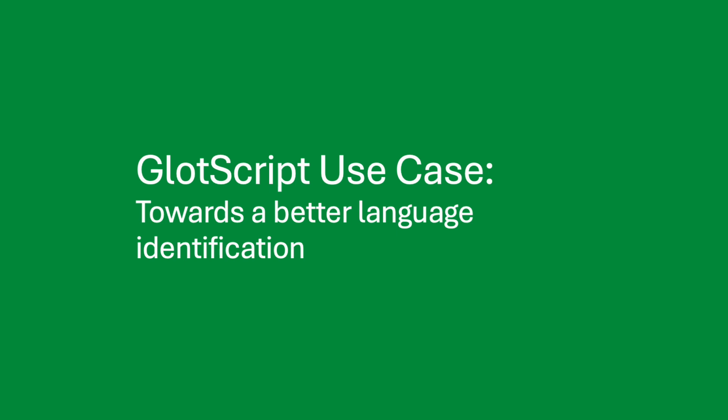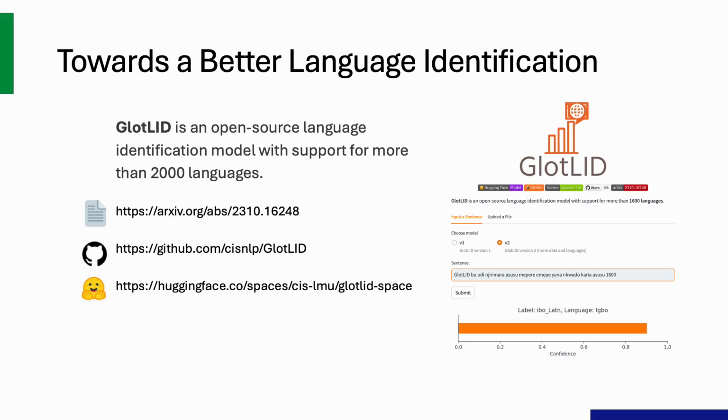Another use case of the GlotScript is helping language identification. We here introduce GlotLID, which is an open source language identification model which supports more than 2000 languages. We use GlotScript in this project a lot. We use GlotScript to determine the script of the languages, try to clean them if they comprise multiple different scripts, and try to label them differently.